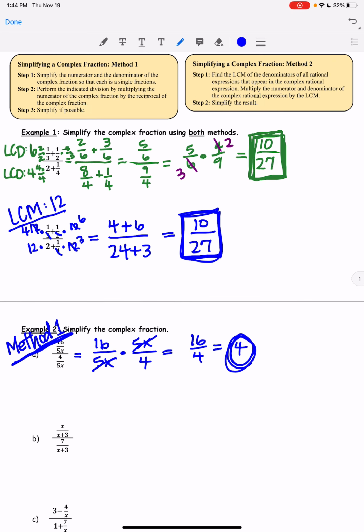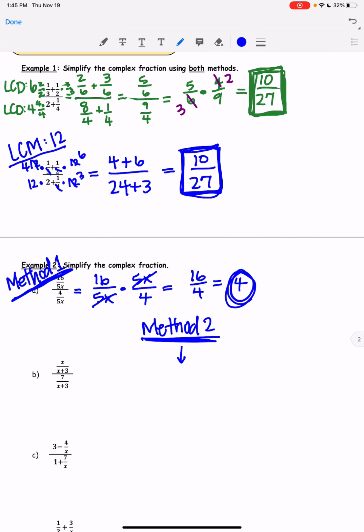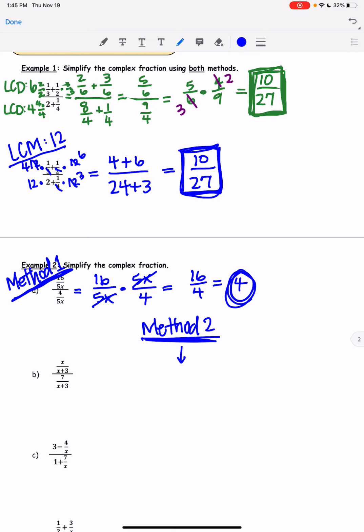Okay, now we're going to use method 2 for the rest of these. Okay, going all the way down. So on B, find out what the LCM is.